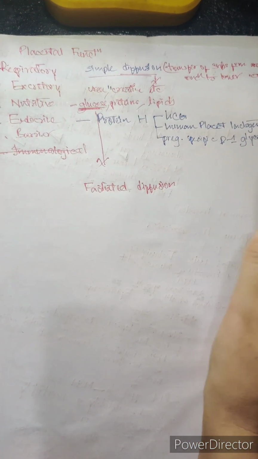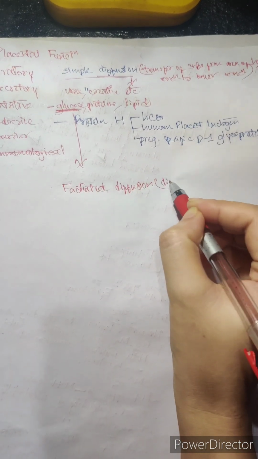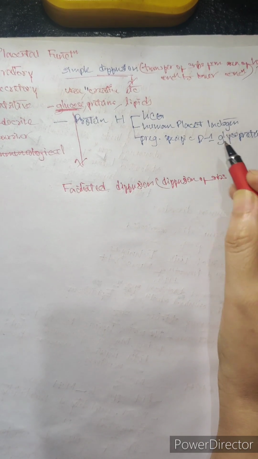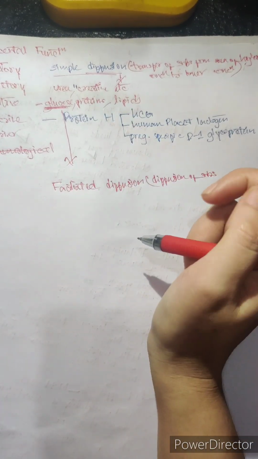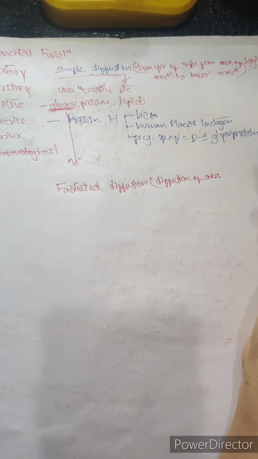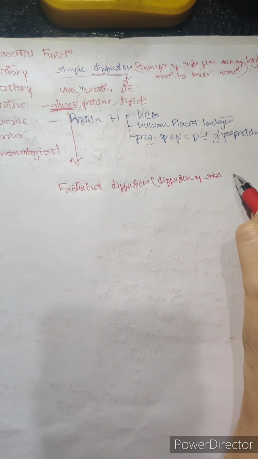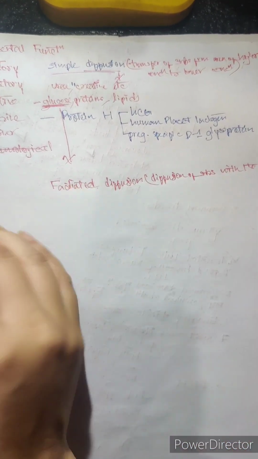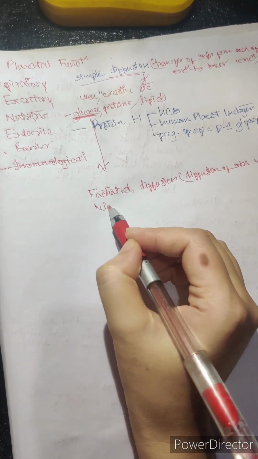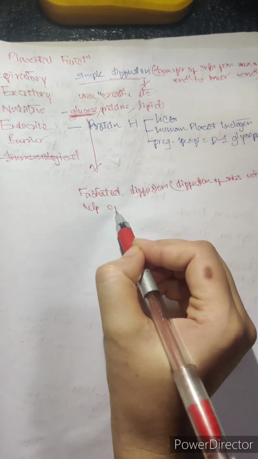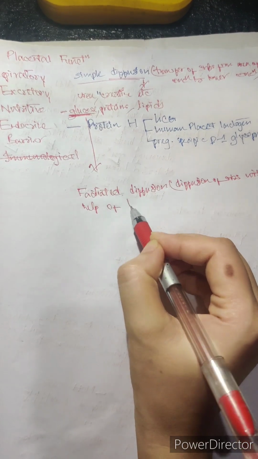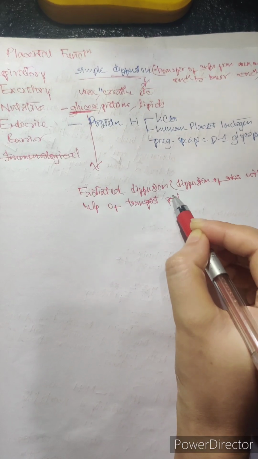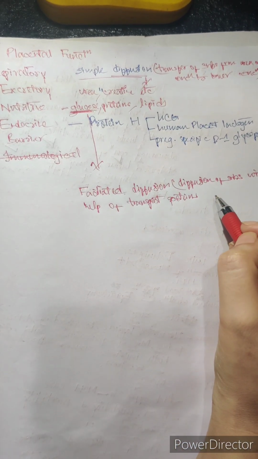Facilitated diffusion is the diffusion of substances, in this case glucose, with the help of transport proteins.